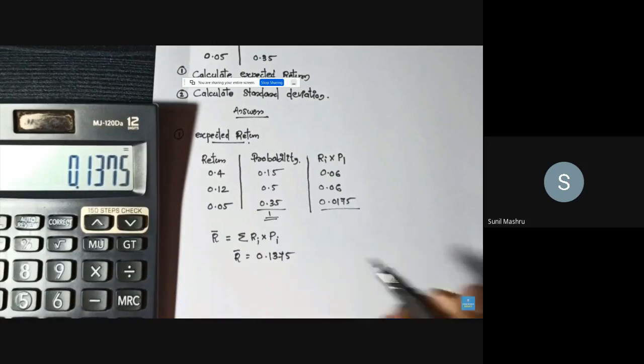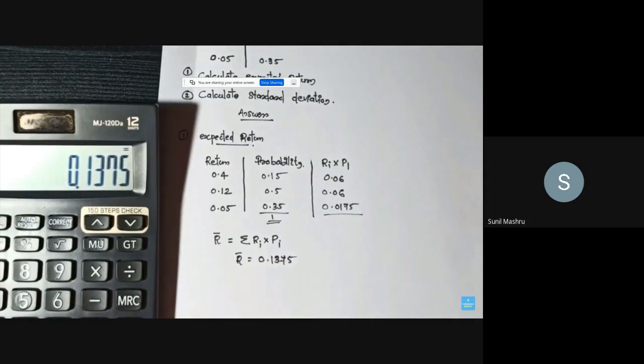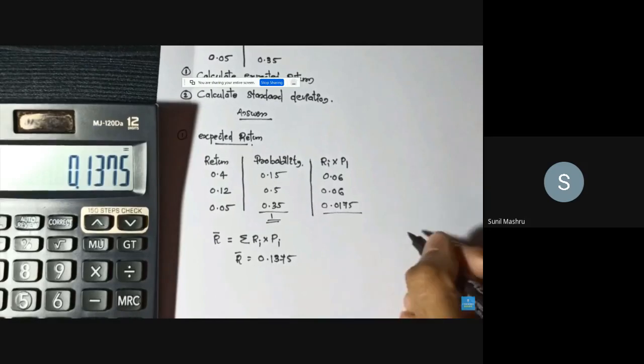We got the answer. So we found the expected return in decimal form. If you want to find the expected return in percentage, we have to multiply it by 100. I will show you that.